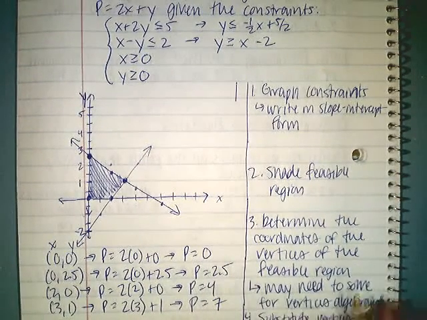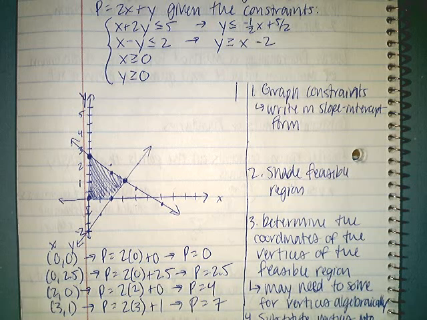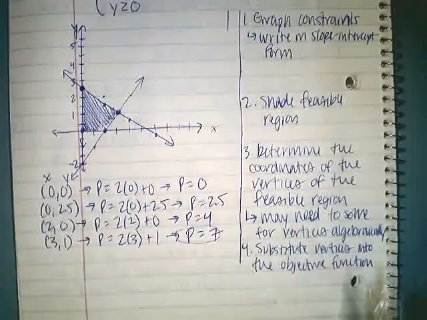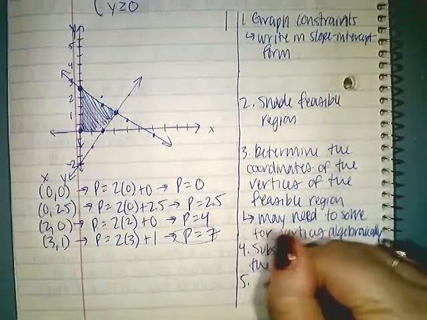So now I have the 4 possible values. I'm just picking out which one maximizes P or profit. So I'm going to select P equals 7. So my last step is to identify and write the solution.